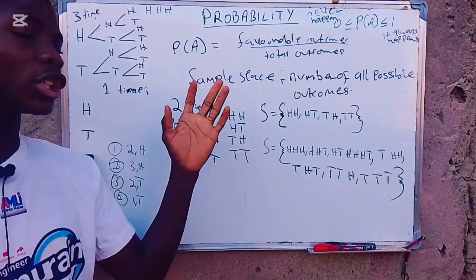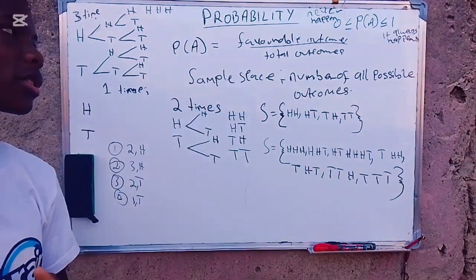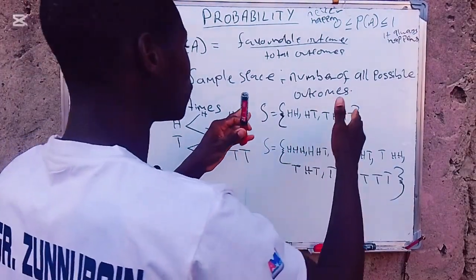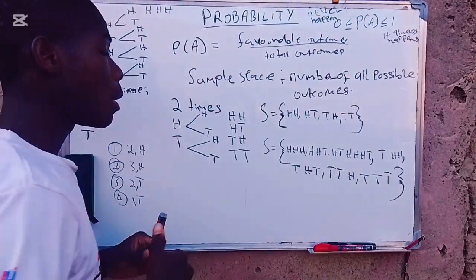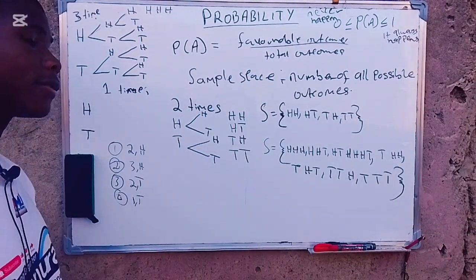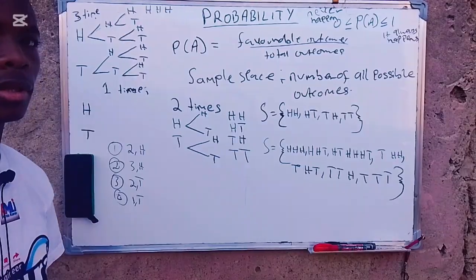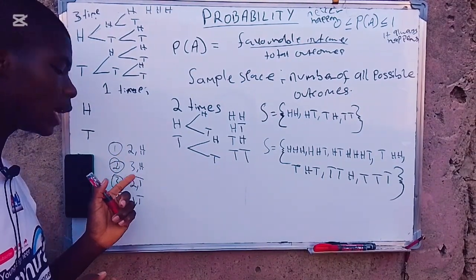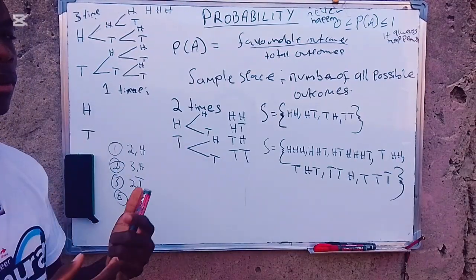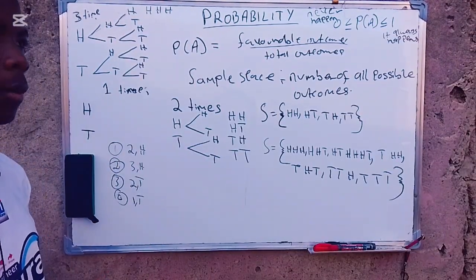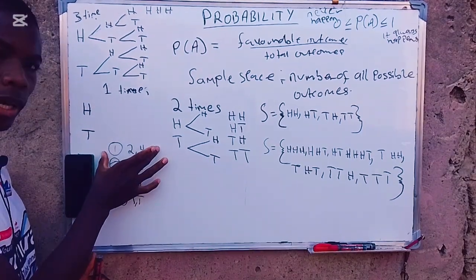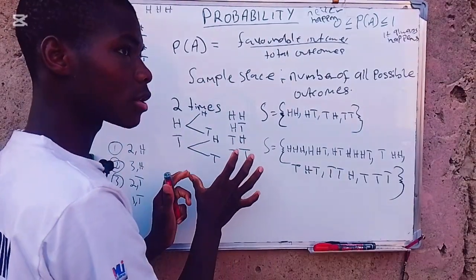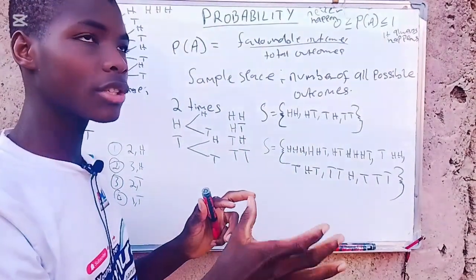We all know that the probability of any event is favorable outcomes divided by total outcomes. So, if I take a look at my sample space, this is the question: if a coin is flipped 2 times, what is the probability of getting 2 heads, 3 heads, 2 tails, and 1 tail? First question says getting 2 heads. You can draw this using a tree diagram.